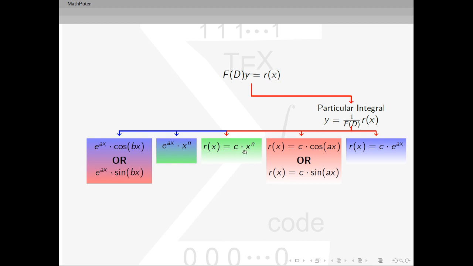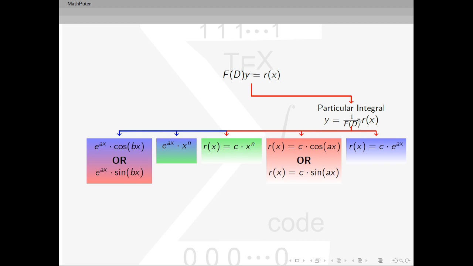One more combination you can design, which is red color with green color, cos x into x raised to n or sin x into x raised to n, but we are not going to discuss it because this is actually included in these two cases.